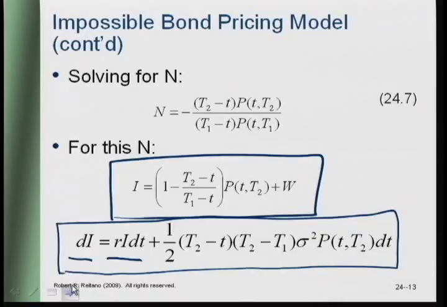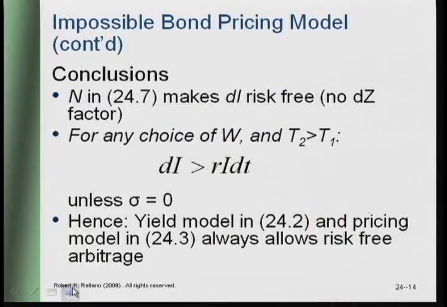Either way, an arbitrage. So the conclusions are that this n that we calculated eliminated dz, it eliminated the Brownian motion, eliminated all risk. And for no matter what value of W we chose, it was always the case that dI was greater than the risk-free rate, or dI was positive if we made I 0, unless there's no volatility.